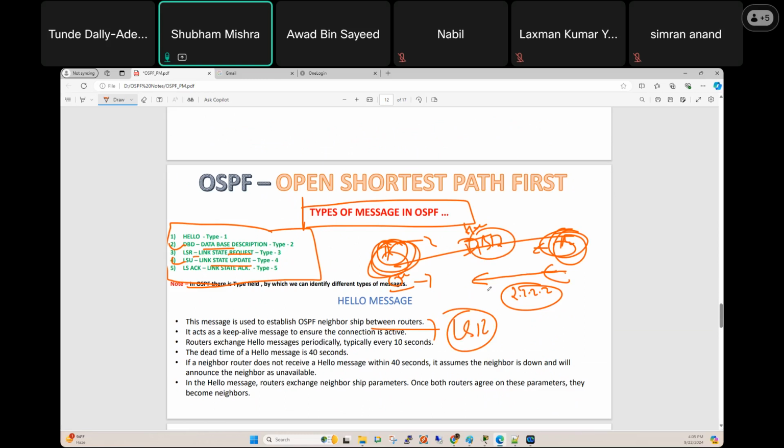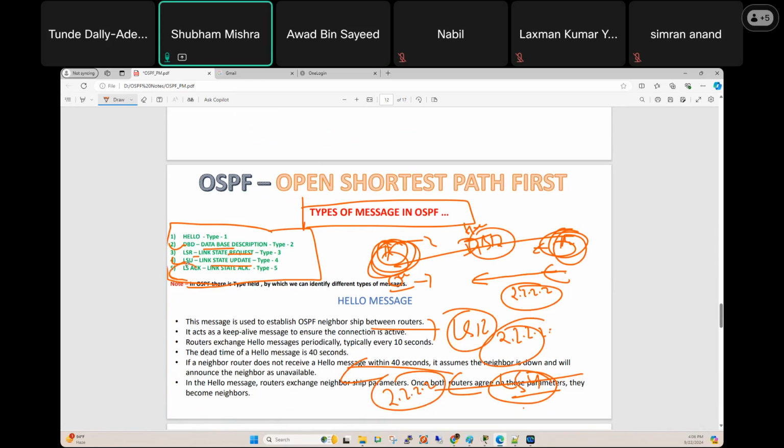So this router generates an LSR, a request message, telling it: please tell me the detailed information about 2.2.2.2. Then the other router shares an LSU, in which it shares the complete information about 2.2.2.2. Getting my point? That is the meaning of LSR and LSU.